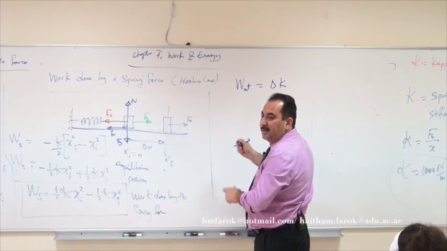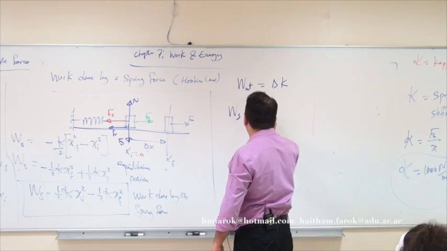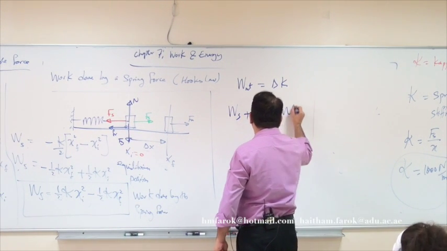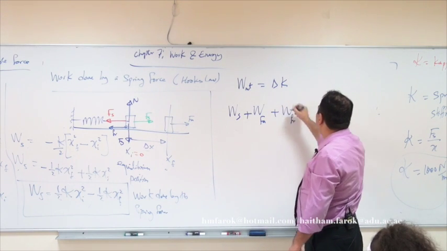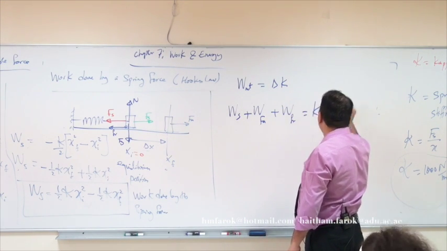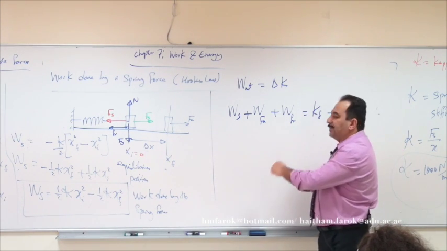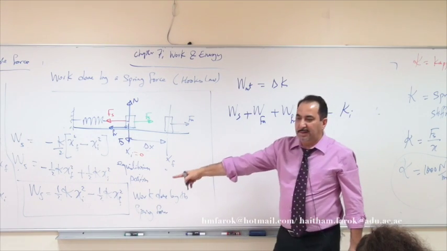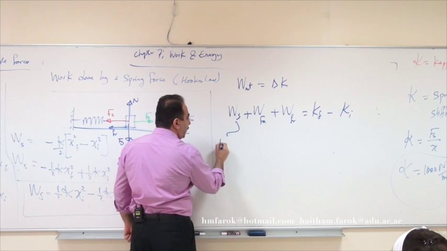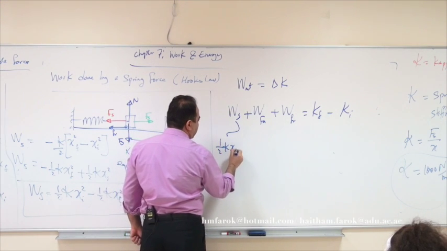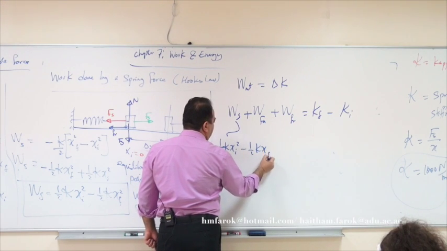So W net is equal to W of the spring plus W of the applied force plus W of the friction force, equal to kinetic final minus kinetic initial. Now substitute. What is the work of spring? This equation. So we have half kappa x initial square minus half kappa x final square.